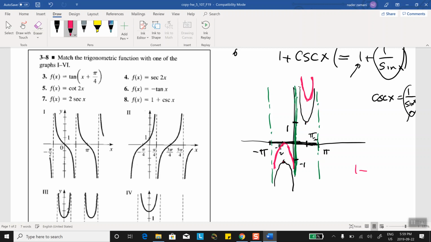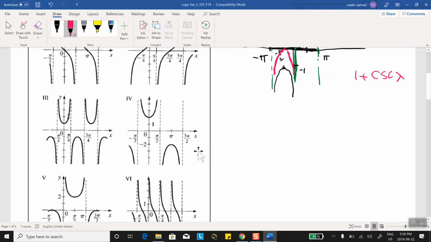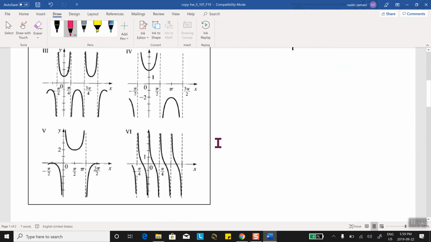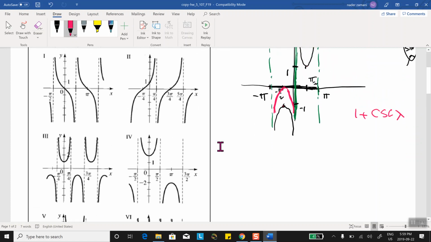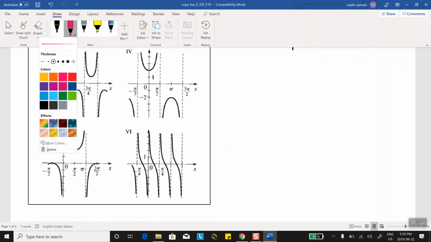So 1 plus cosecant of x is the red one. So in fact, when you compare it with these graphs, that goes with number 6, with this one. And as I said, if it looks different from what you see there, it's because what I have drawn for you is this portion.